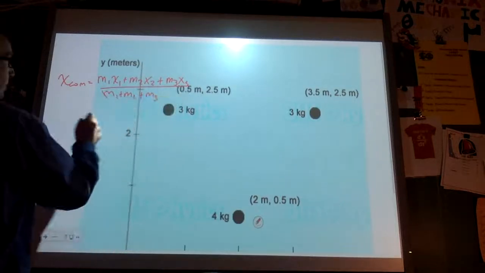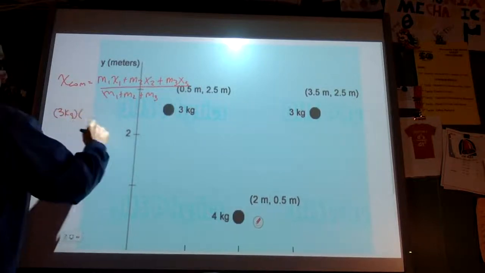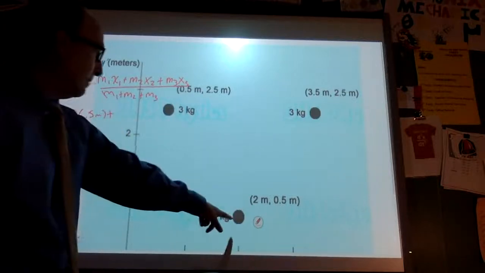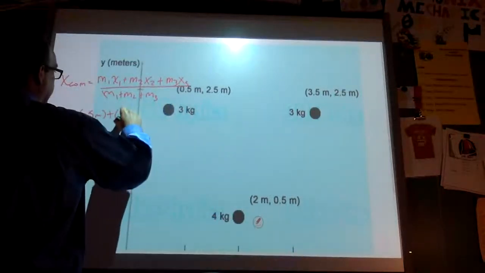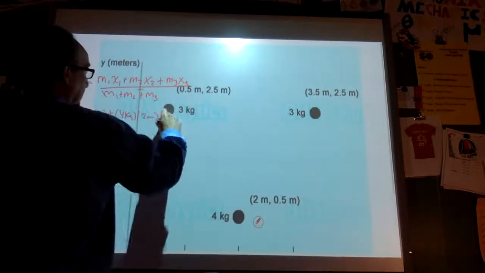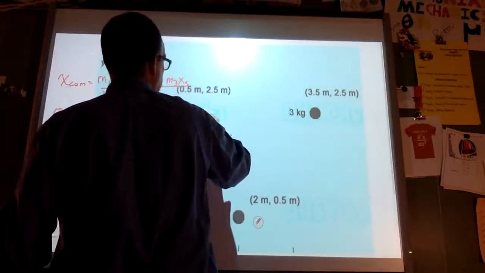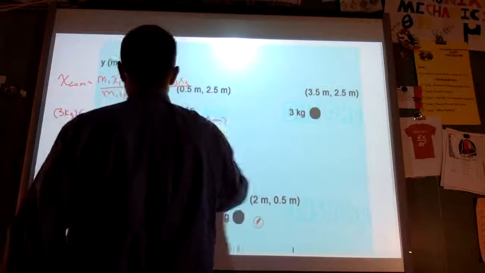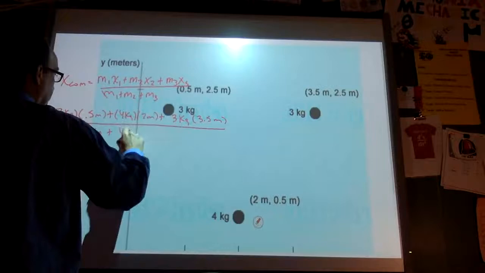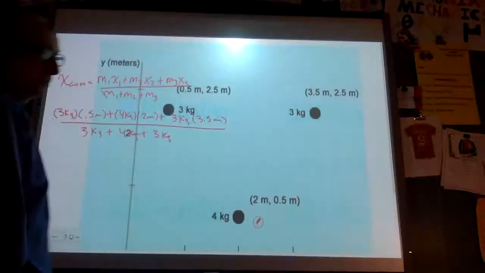If this is my first one, it is 3 kilograms times 0.5 meters. If this is my second one, it is 4 kilograms times 2 meters. And if this is my third one, it is 3 kilograms times 3.5 meters. Then on the bottom, I'm going to have 3 kilograms plus 4 kilograms plus 3 kilograms.